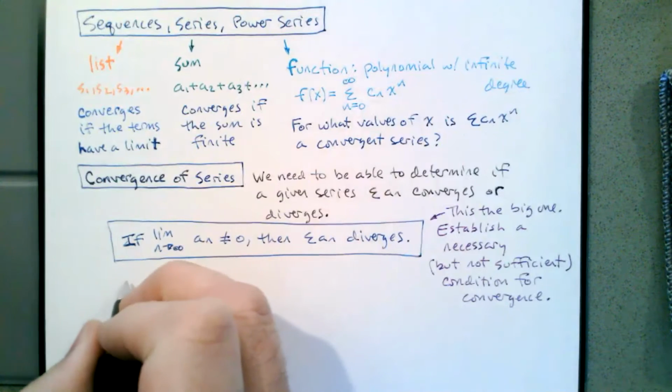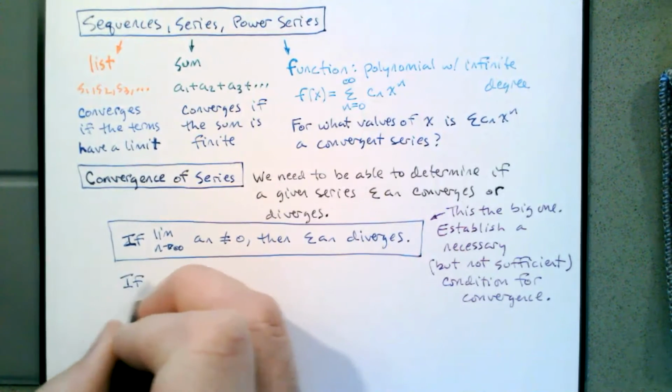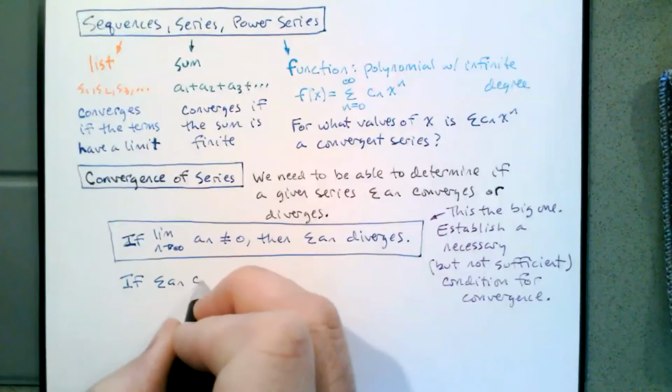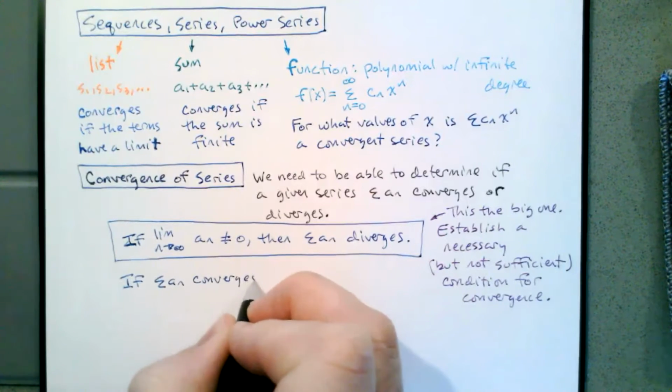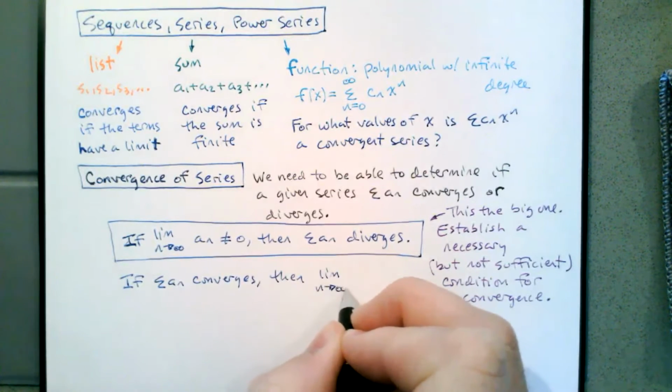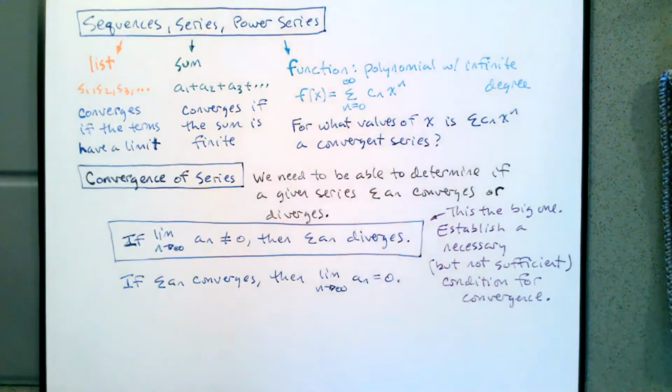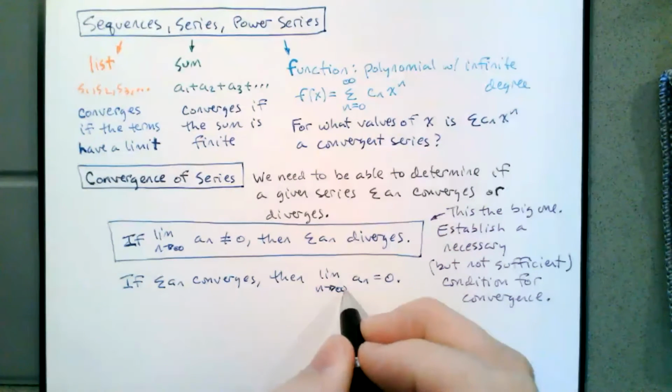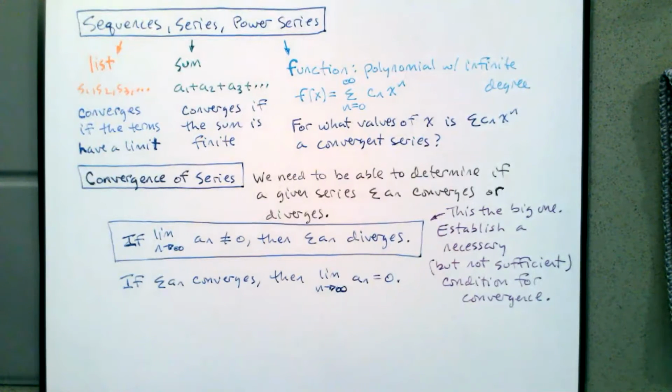So once again, what we get is the contrapositive. If a series converges, then the limit of the terms is zero. Whenever you get a statement, if A then B, you always have the contrapositive. I can't remember the name for if B then A, so that you get A if and only if B. But we don't get that one.